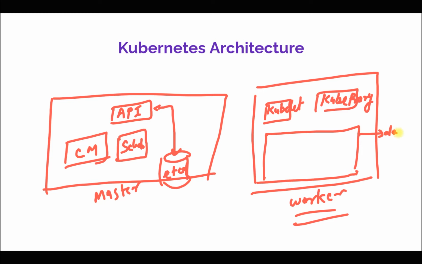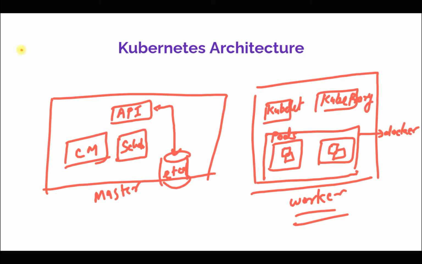Let's take the example of Docker here. Inside this host we are having pods, and then within these pods we are running some containers. This is how we draw our Kubernetes architecture.